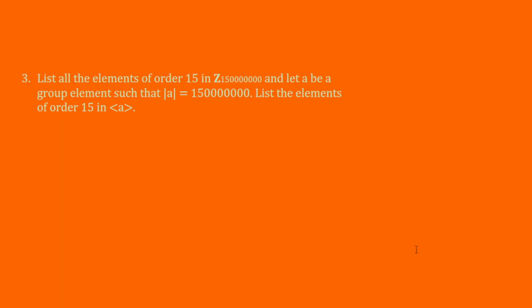But we're asked to let a be a group element such that the order of a equals that big number. So we need to list the elements of order 15 in the cyclic group of a.